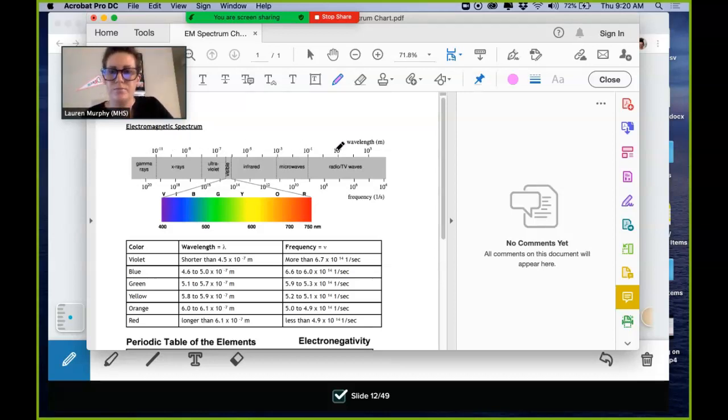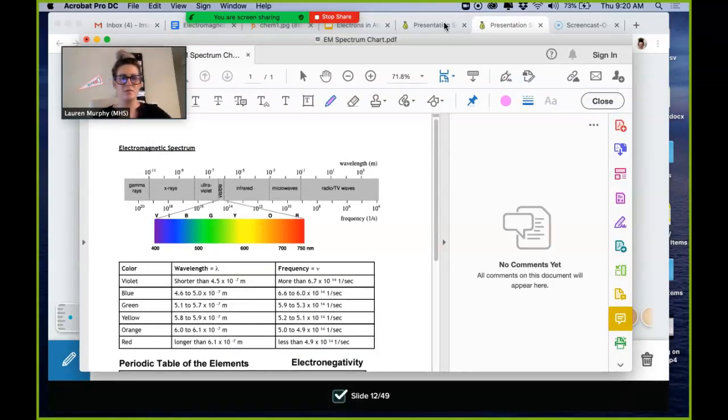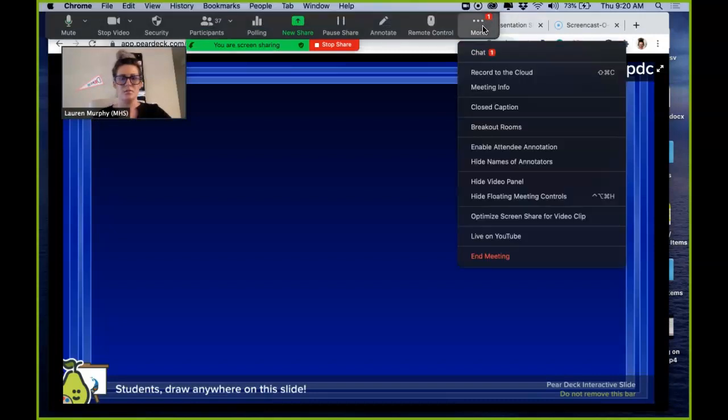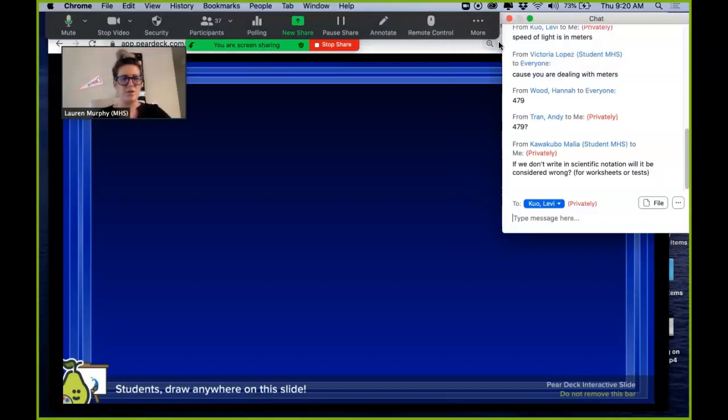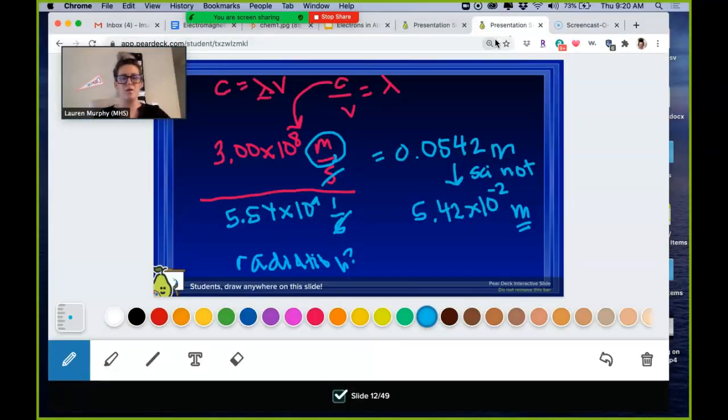Miss Murphy, my answer got 5.45. So you probably either put something in wrong, or let me make sure I put my numbers in correctly. No. Did I write a number down? You don't have to write in scientific notation. You just have to always write to the right number of sig figs.